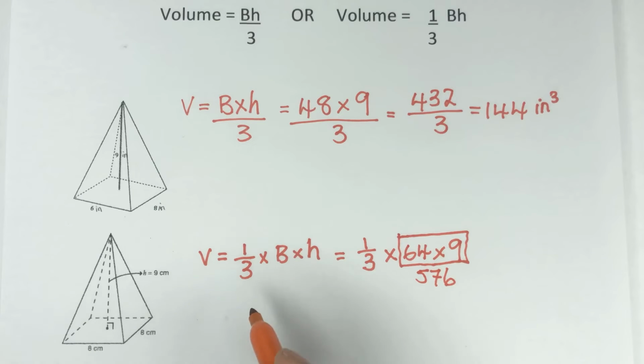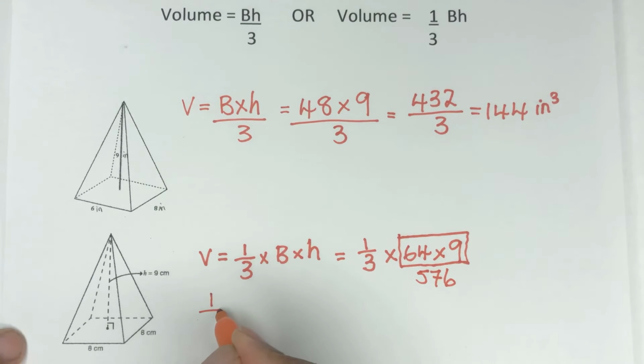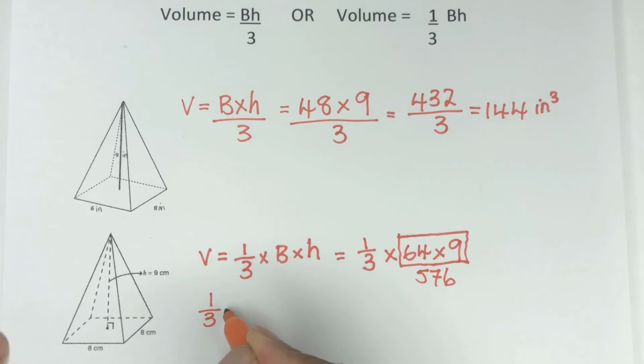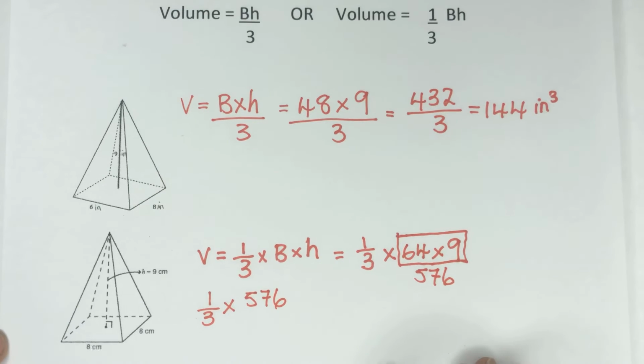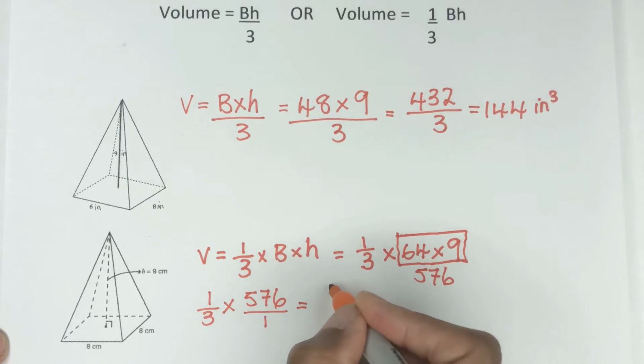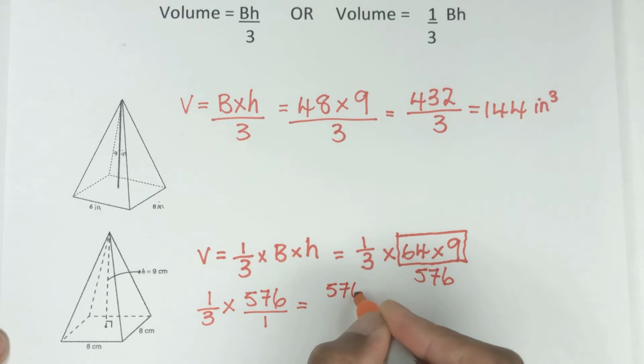Okay, so now we have 1/3 times 576. I'm going to do it over here a little bit. So we have 1/3 times 576. Usually when you have that, to balance the fraction, you put that over 1. So 1 times 576 is the same number, and then 3 times 1 is 3. So now we have 576 over 3, because you multiply straight across.